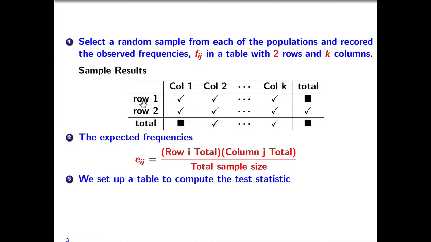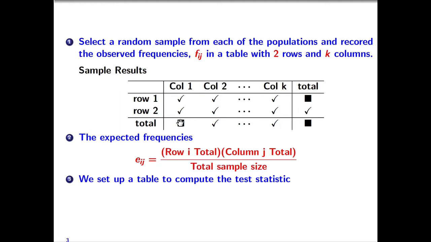In row number 1, you have some values recorded into this table, and you have a subtotal for row 1. And then for row number 2, you record all the values and you get another subtotal for row 2.